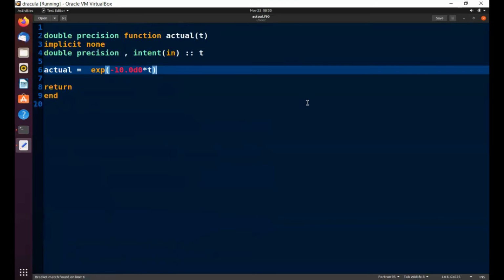The code that calculates the actual solution is going to return e raised to the negative 10t power, because that's the exact solution of my problem.